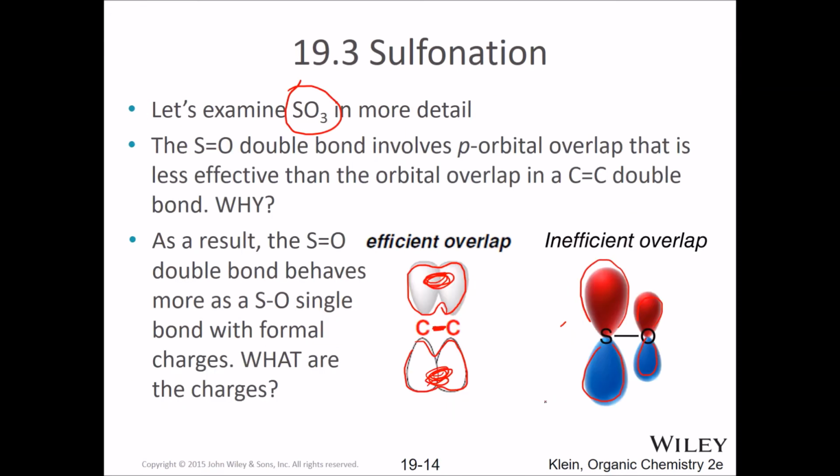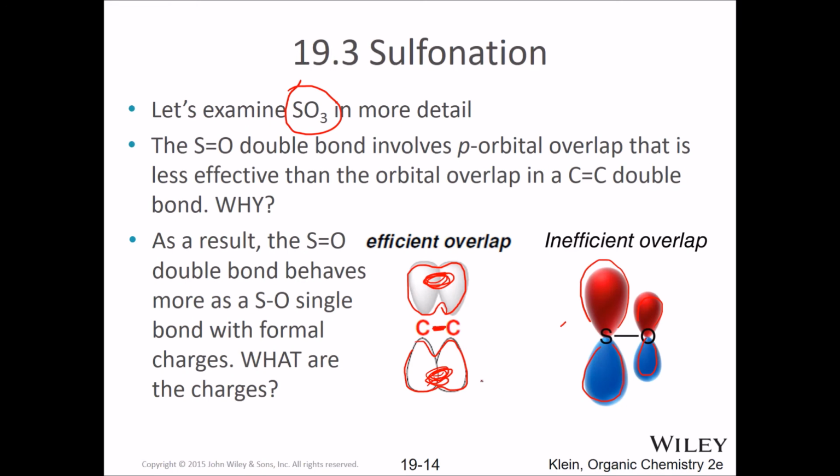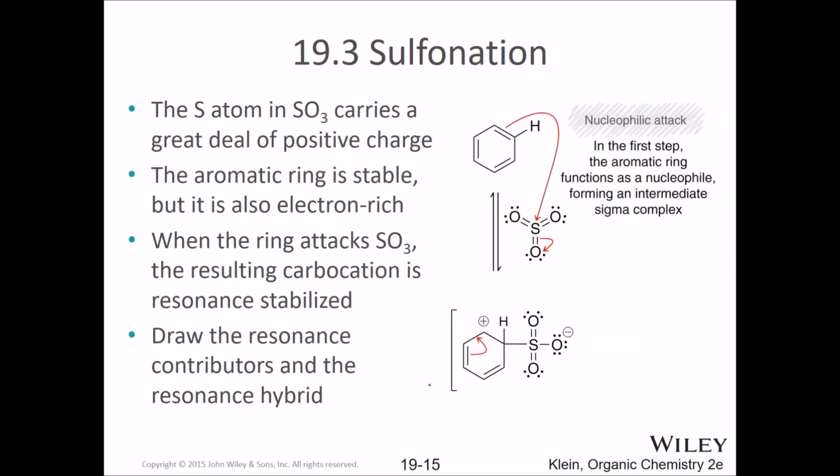Okay? Now, what does that tell us about the charges? What would you say about the charges on this oxygen here? Well, you'd say it's definitely partial negative, right? Can you see that? And that's definitely partial negative because of all that red. Look at that. Okay? So what does that tell us about the sulfur? The sulfur then is going to be partially positive.